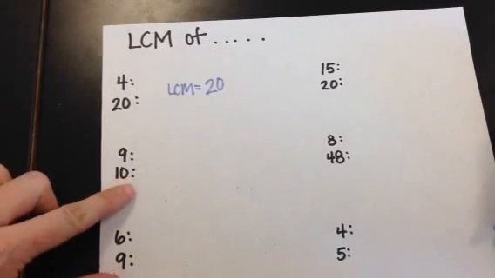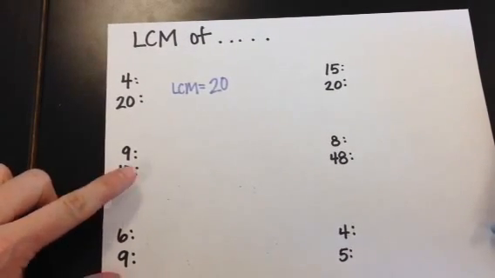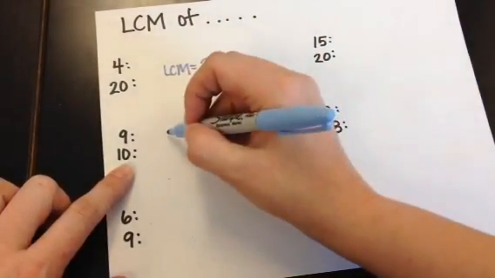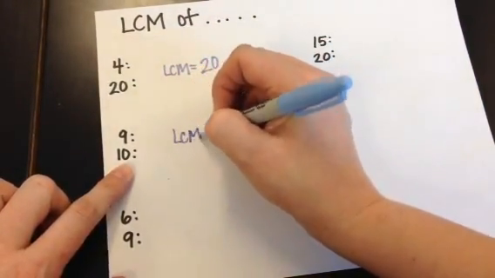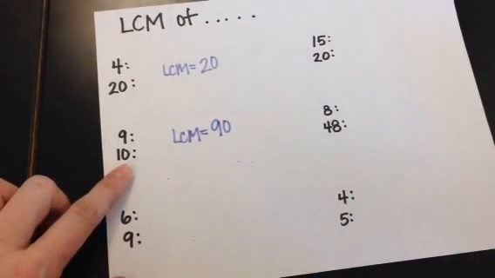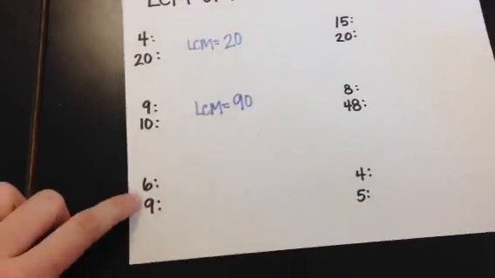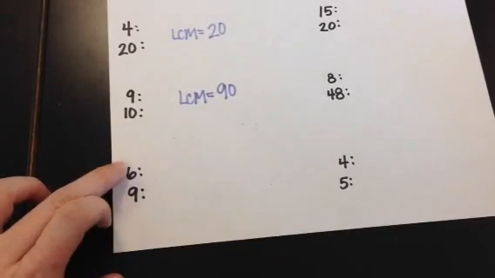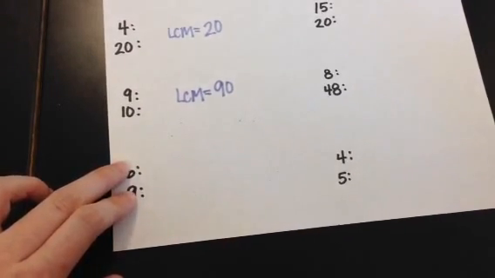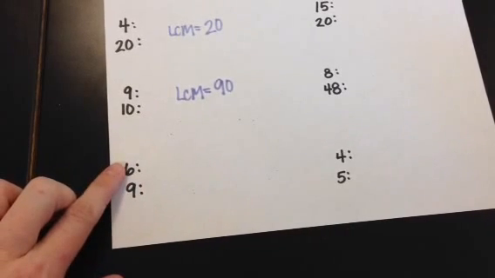So looking at 9 and 10, again, we're going to check tip 1. Are they consecutive? They are consecutive, so we know we need to multiply them together in order to get a least common multiple of 90. On to looking for a least common multiple of 6 and 9. 6 and 9 are not consecutive. 9 is not a multiple of 6.